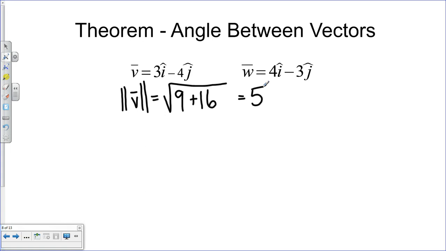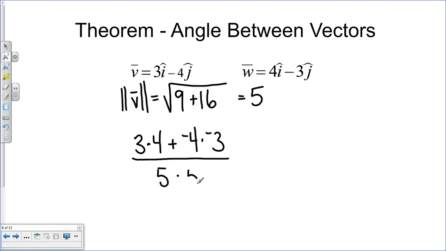Let's go ahead and find the dot product divided by the magnitudes, and then we'll take the cosine inverse after we found that. So we're going to take v dot w, so we're going to go 3 times 4 plus negative 4 times negative 3, so that's our v dot w on the top, divided by 5 times 5, our two magnitudes.